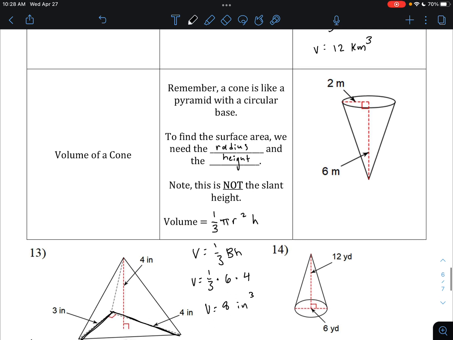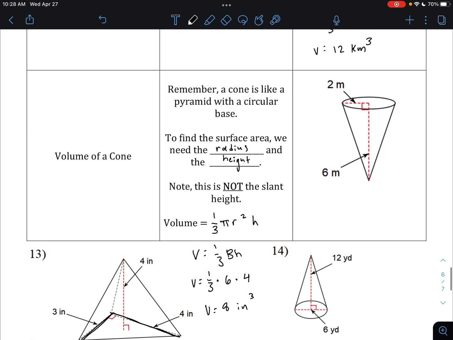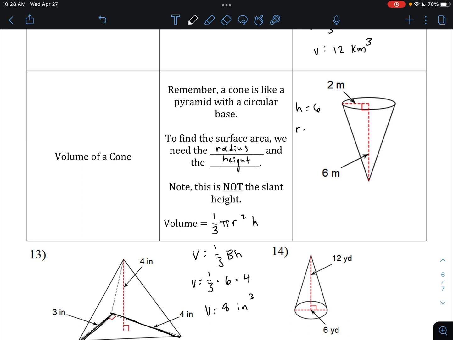So in this example, we know our height is 6 and our radius is 2. Plug those in. Volume equals 1/3 pi radius squared height. So we have 1/3 times 3.14 times 2 squared times 6. And we want to plug that into our calculator, and that will give us the volume of our cone.